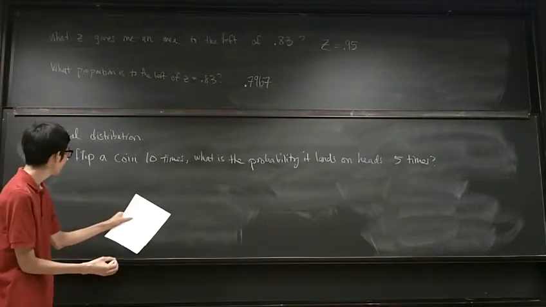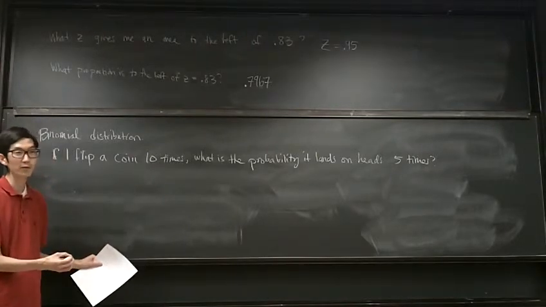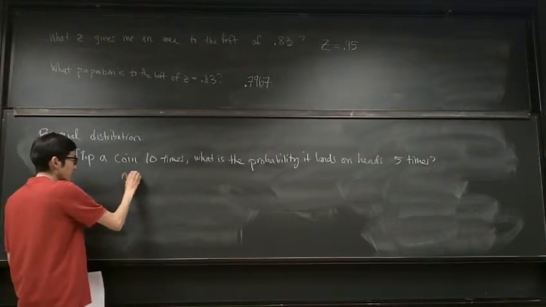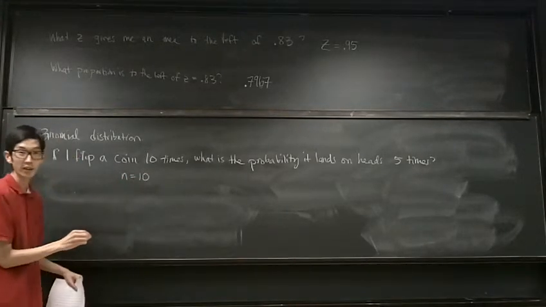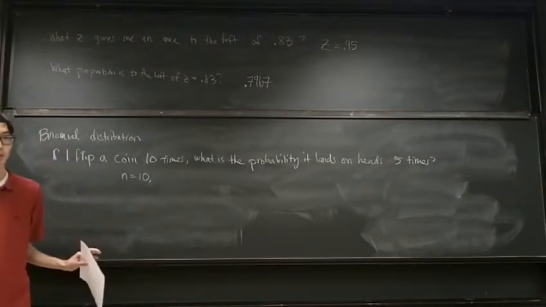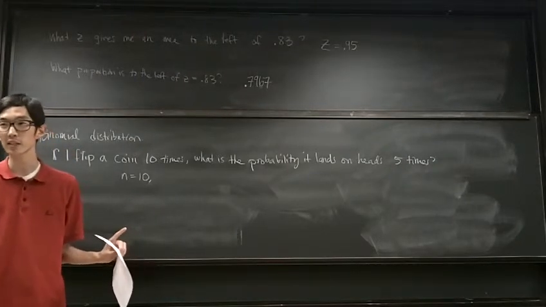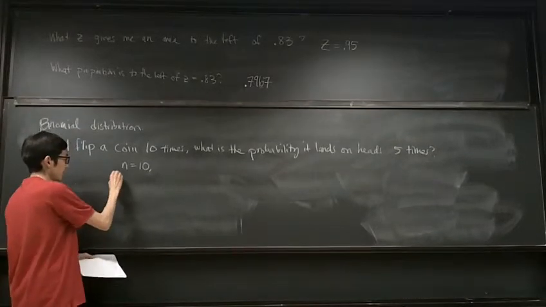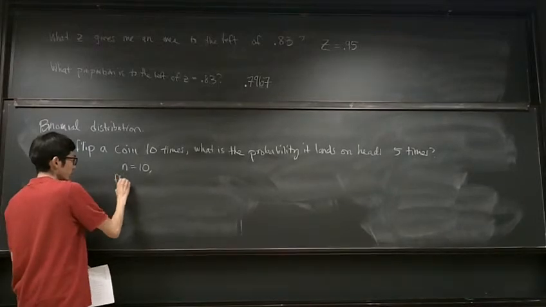All right. In this case, how many times am I flipping the coin? 10. 10, okay? So the number of times I flip the coin is 10, okay? Anytime I flip the coin, what's the probability that it lands on heads? 0.5, okay? So I flip the coin 10 times.